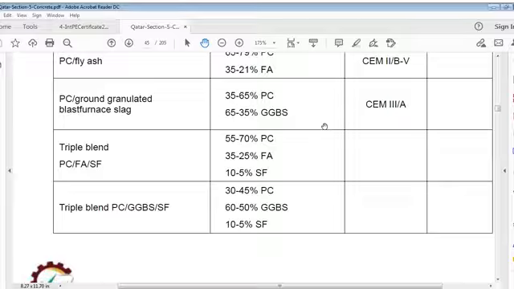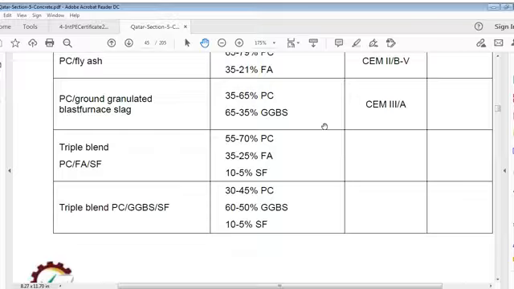Now triple blend: PC, fly ash and SF. Let us say PC is 55 to 70%, that's plain cement, OPC, Portland cement, and fly ash is 35 to 25% and 10 to 5% is SF. SF is silica fume, it's not written here, but it is micro silica fume.